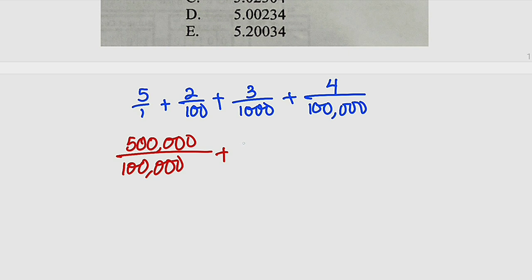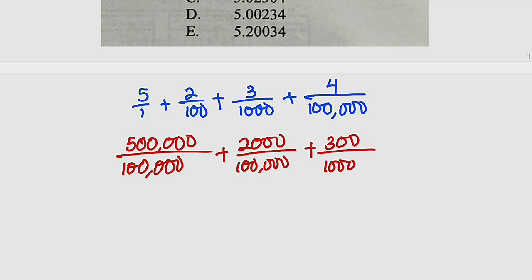For equivalency, you multiply 2 by 1,000, you have 2,000 divided by 100,000. Then here, to convert this into 100,000, you have to multiply by 100. So we have 300 divided by 100,000. Then lastly, we have 4 divided by 100,000.